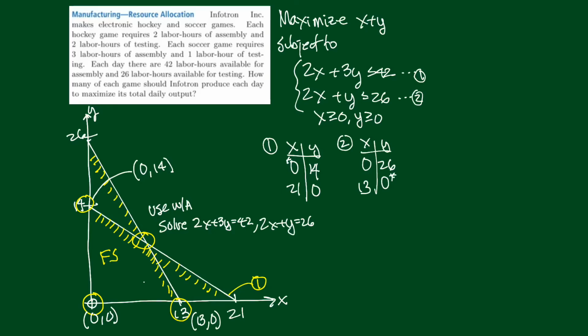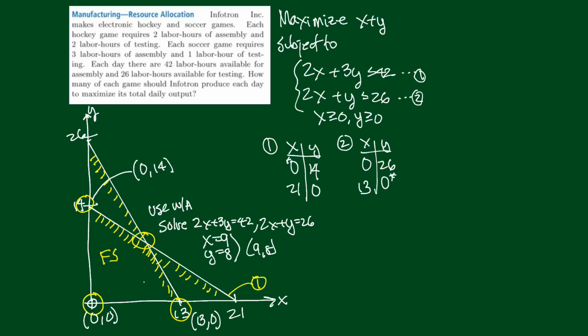And when you do that in Wolfram Alpha, you come back with x equals 9, y equals 8. So this point right here is 9, 8. Now, we know that the max or min, max for us, right, we're trying to max, occurs at one of those 4 points.